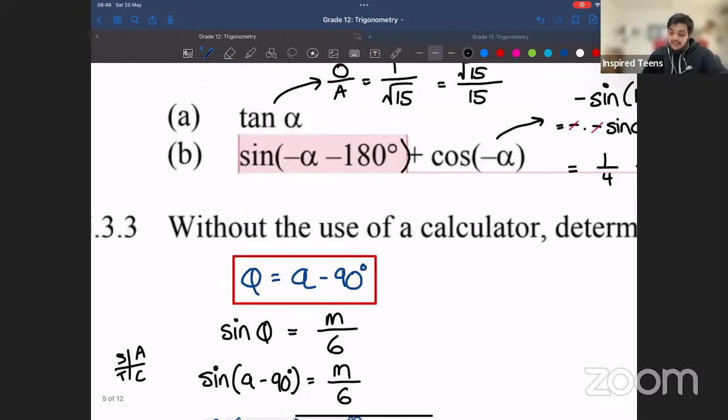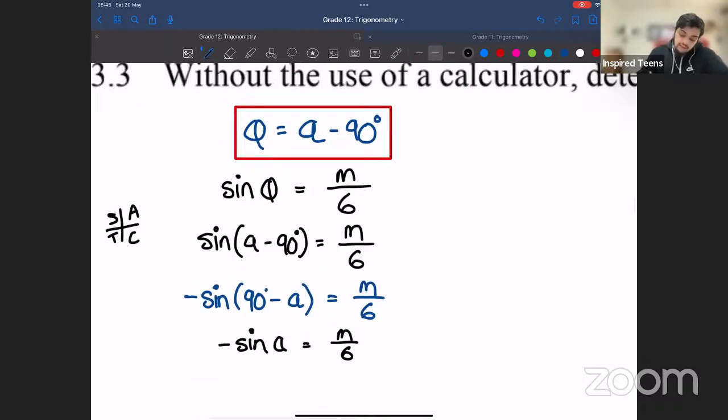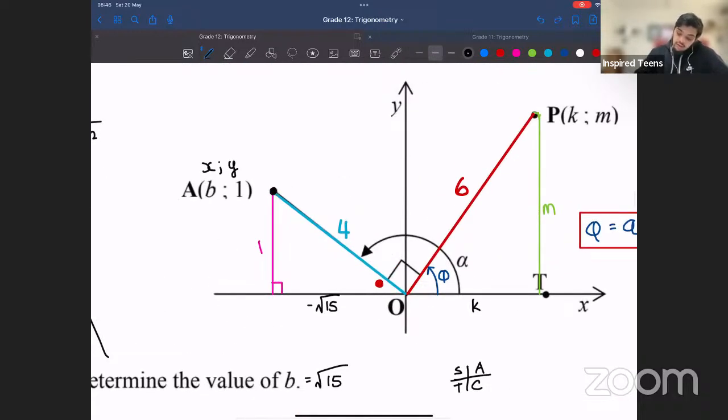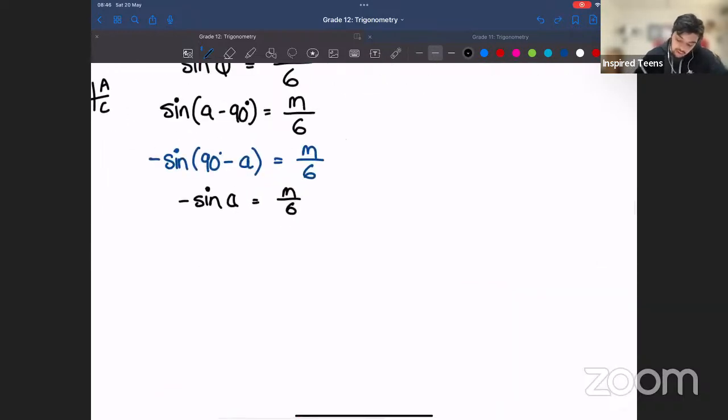Now, finally, sine alpha, okay, I've expressed theta in terms of alpha, reduced alpha to get sine alpha, okay? And that's where I could use this triangle, okay? So here's alpha here, and sine alpha is opposite over hypotenuse. It's 1 over 4. So here, this is negative 1 over 4, which is equal to m over 6. Now I can cross multiply, okay?